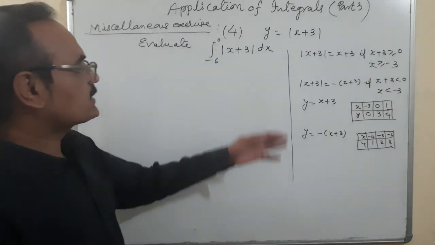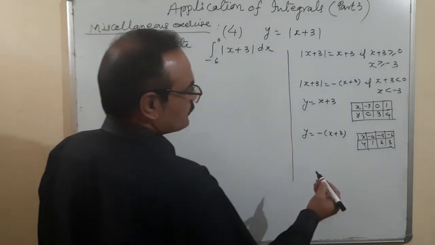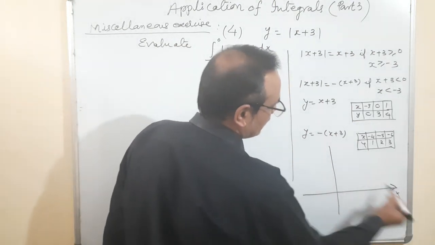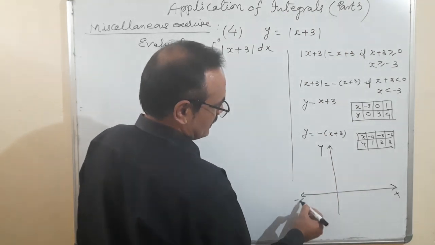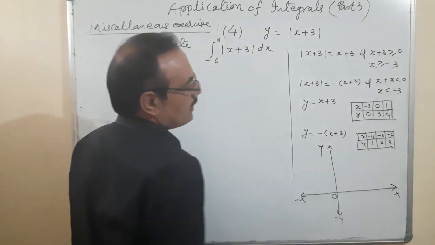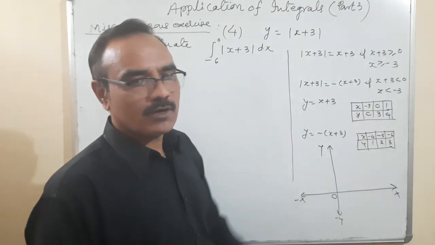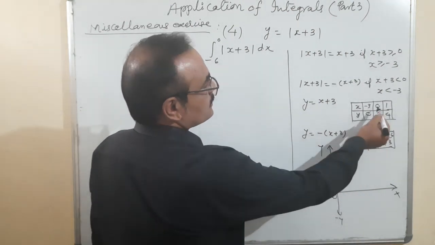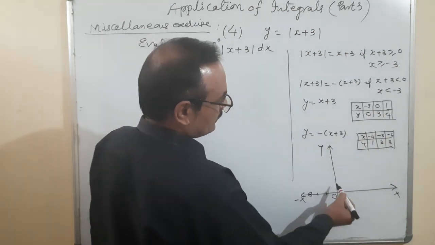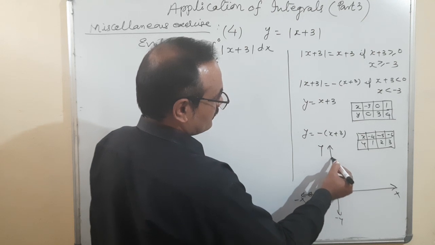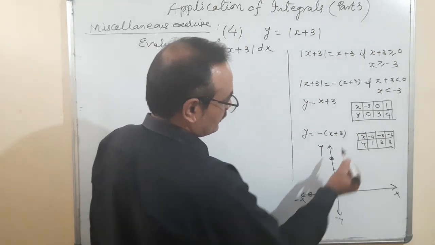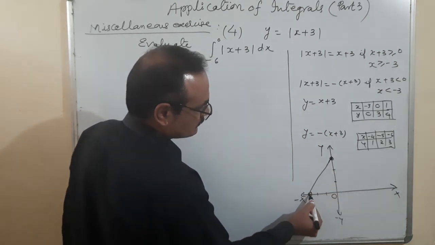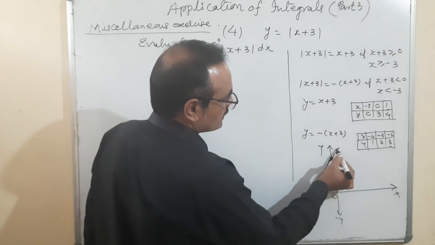When we sketch the graph, which type of graph will be there? On the x and y axes: minus 3, comma 0, x is minus 3. This is 0, comma 3, x is 0, y is 3. And 1, comma 4. So that is condition 1.